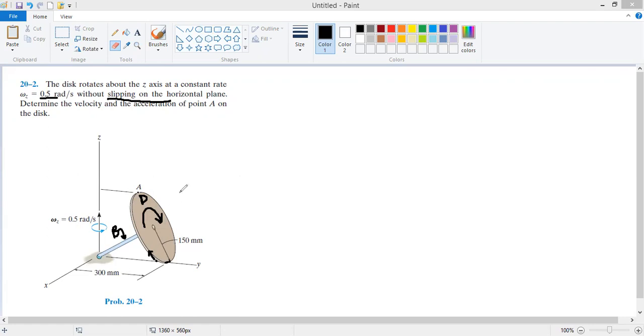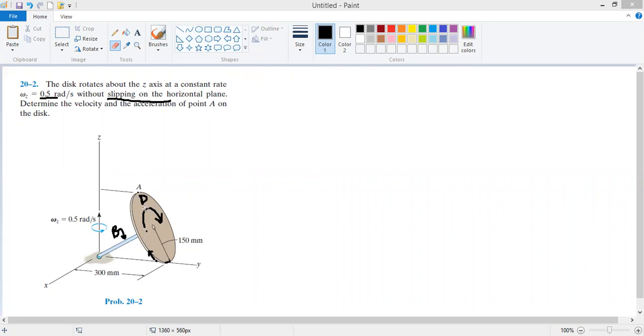What we are given is that the disk is spinning about this central axis. Let me draw it precisely, about the central axis, in such a way that its overall angular velocity about the z-axis is equal to 0.5 radian per second.